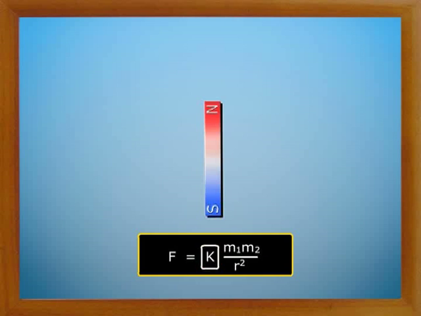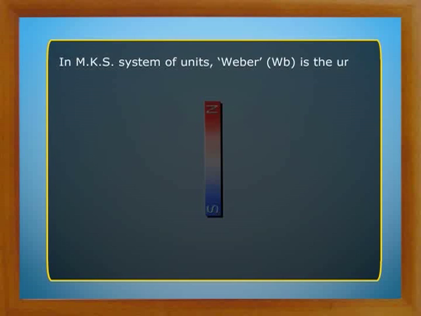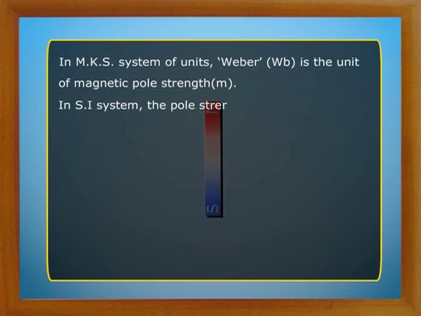The value of k in this equation depends on the system of units used for the pole strength m. In MKS system of units, Weber, that is Wb, is the unit of magnetic pole strength. In SI system, the pole strength is measured in units of ampere meter, that is Am.